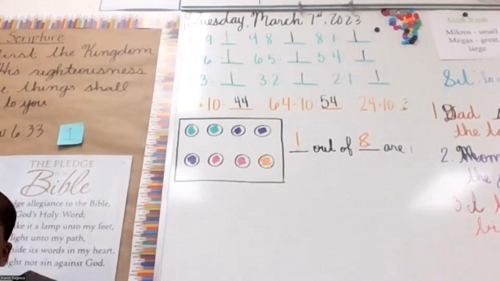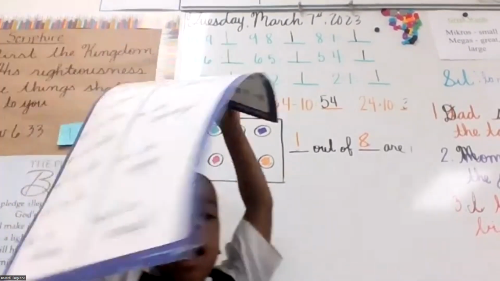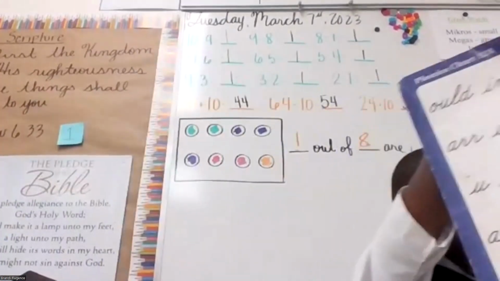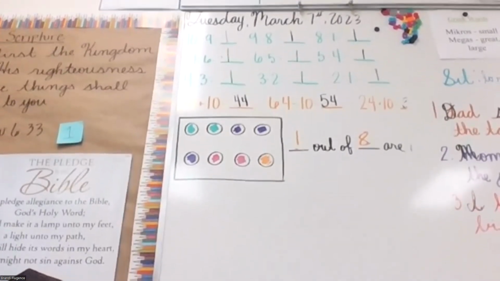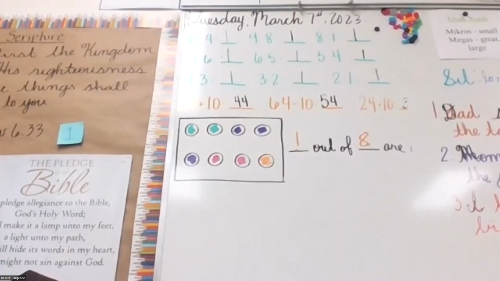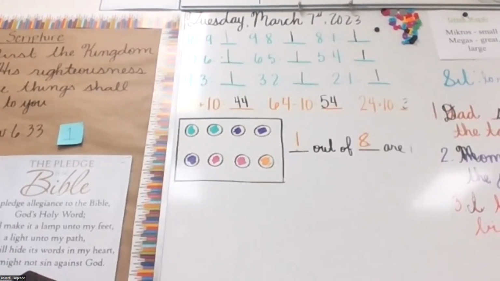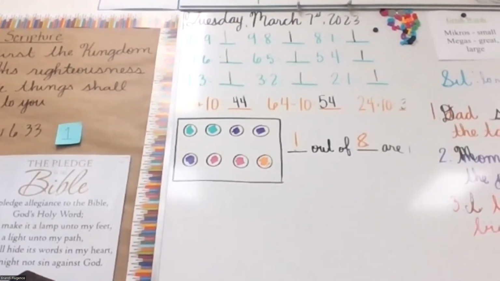Wait, you said 13 is the last one? That's the last chart. We gotta be done with this one. Who's gonna hold 13? I wanna hold 13. She said 13.